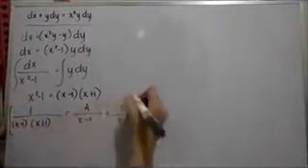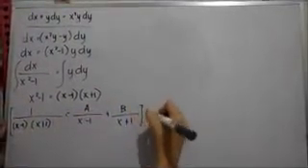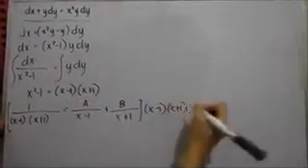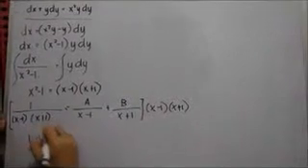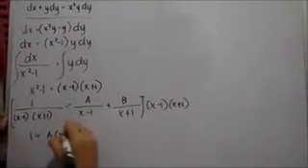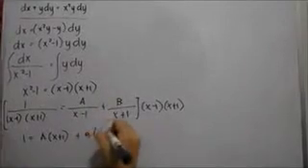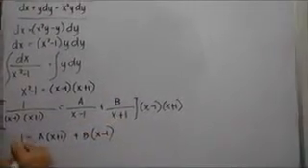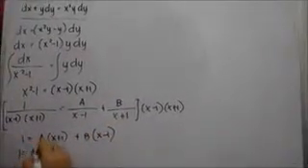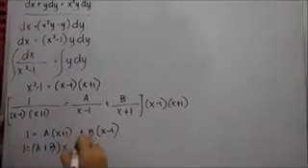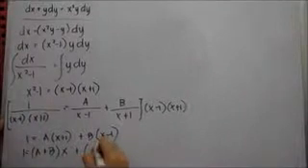Then we need to multiply it by (x minus 1)(x plus 1). So 1 is equal to a times (x plus 1) plus b times (x minus 1), which is a x plus a plus b x minus b.